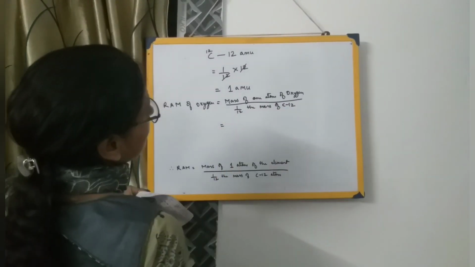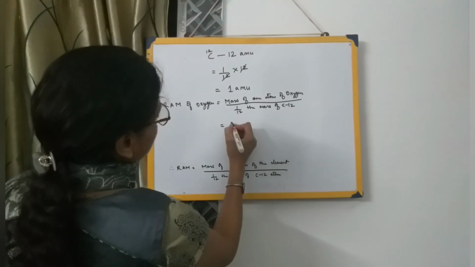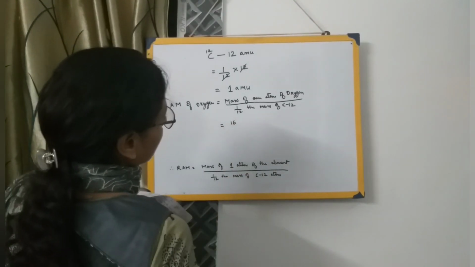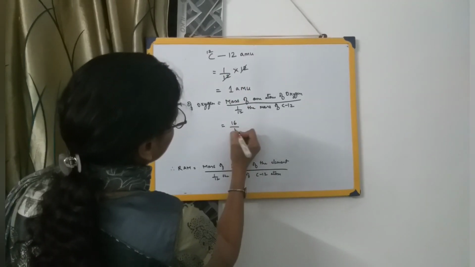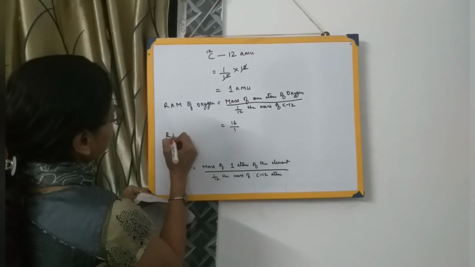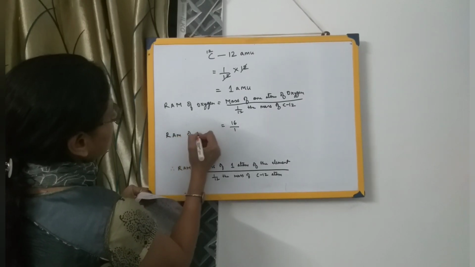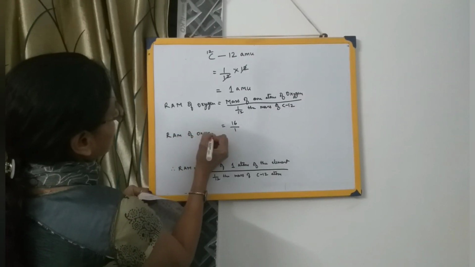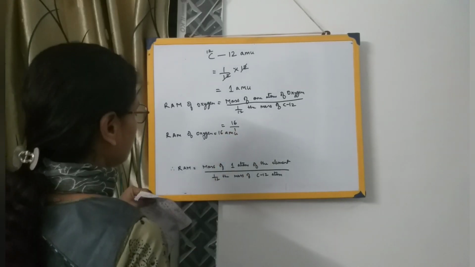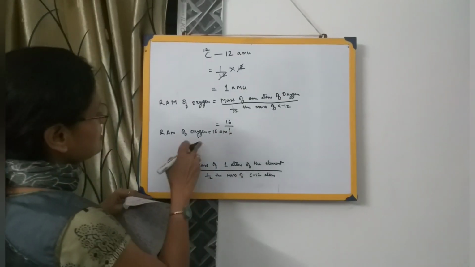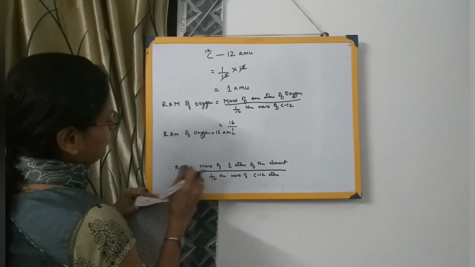Now mass of one atom of oxygen, that is 16, upon 1 by 12th, we are getting it as 1. So relative atomic mass of oxygen is equal to 16 AMU. Is it clear? 16 AMU.